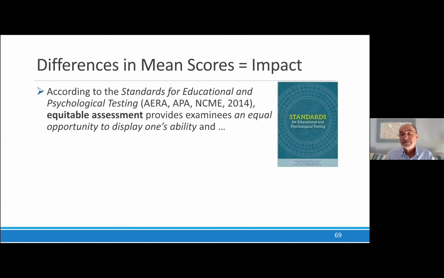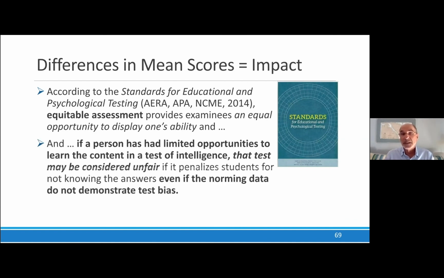And I'm thinking of explicit people, actually, when I say that. But here's what this standard says. If a person has had limited opportunities to learn the content in a test of intelligence, that test may be considered unfair because it penalizes students for not knowing the answers, even if the norming data do not demonstrate test bias.